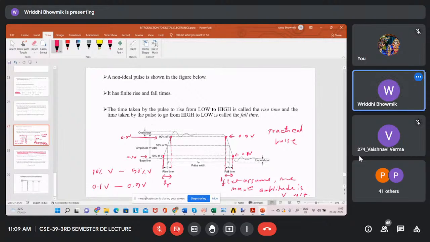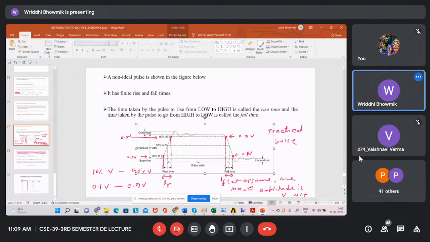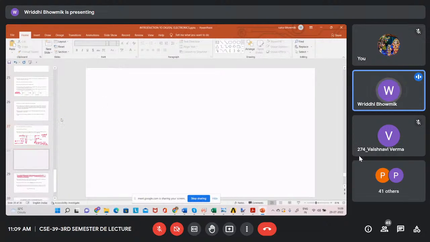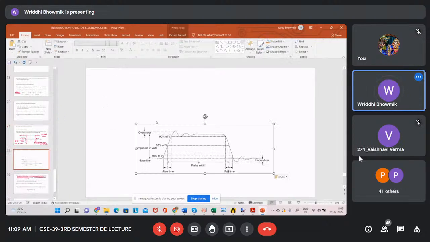After that, the pulse width. What is the pulse width? The pulse width also can be defined.